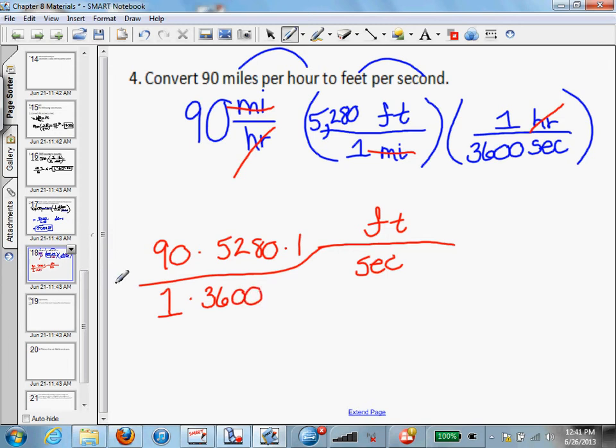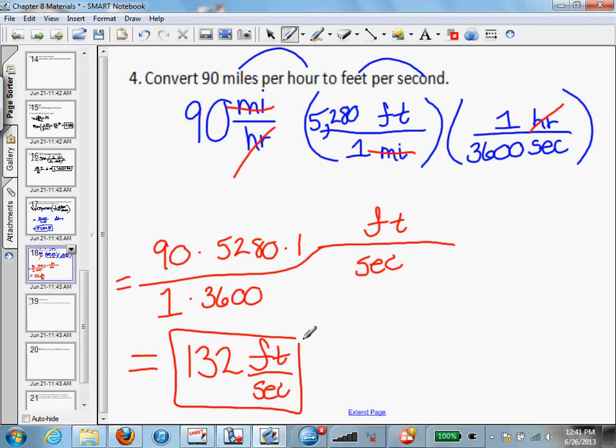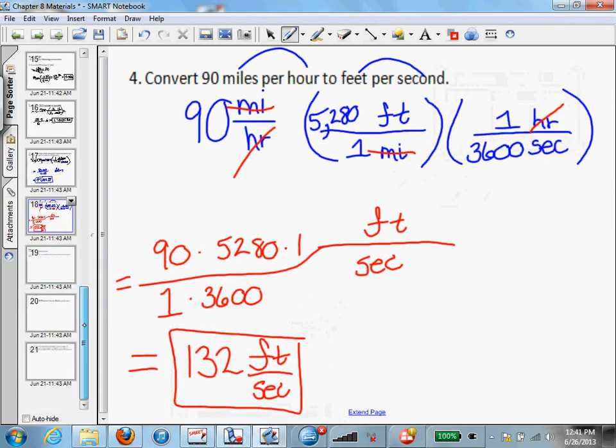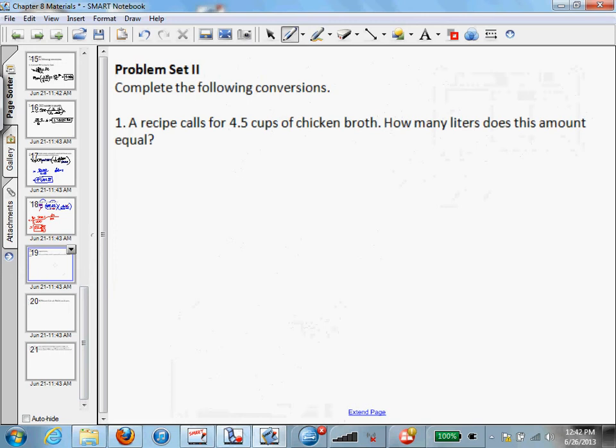And when you multiply across, you should get 132 feet per second. See how we're doing with time? We're still doing alright. So now let's move into problem set 2.